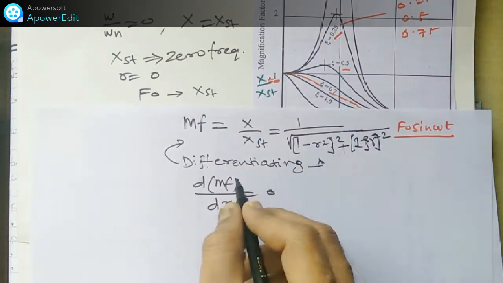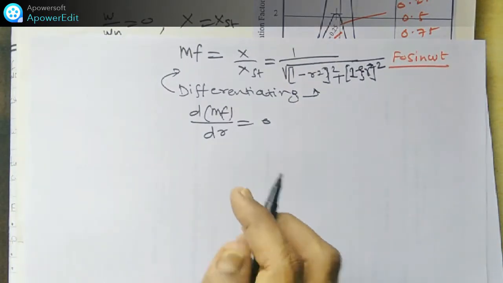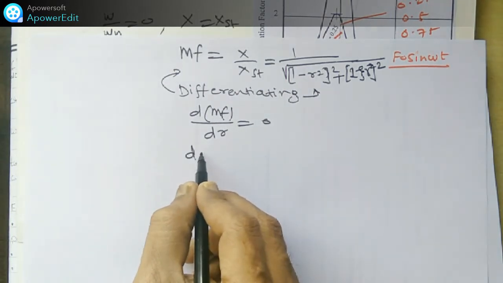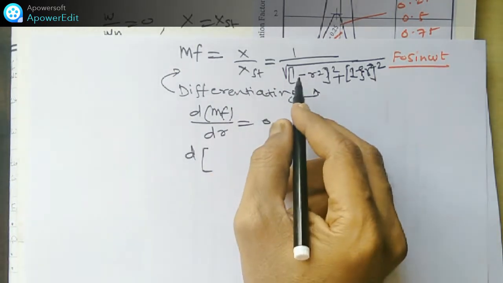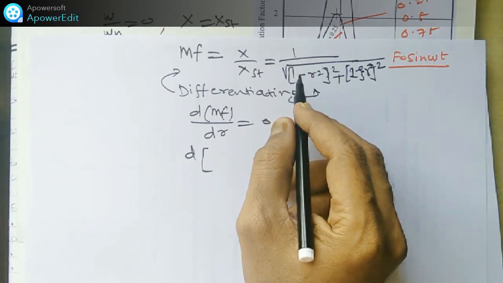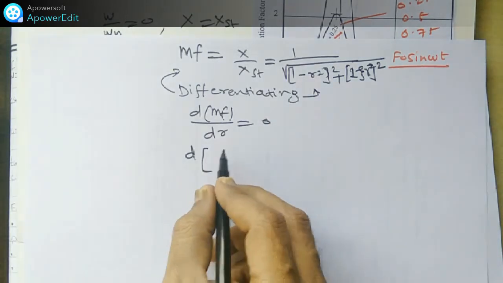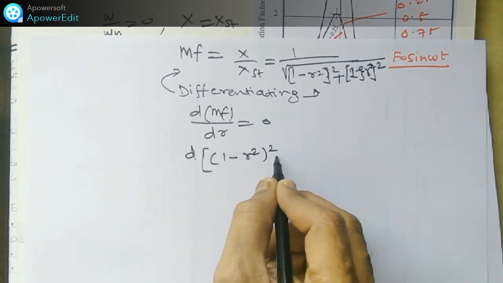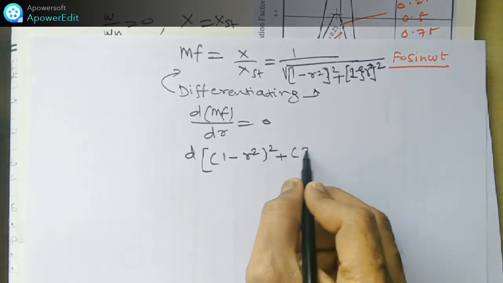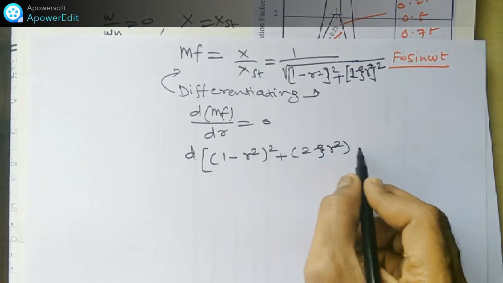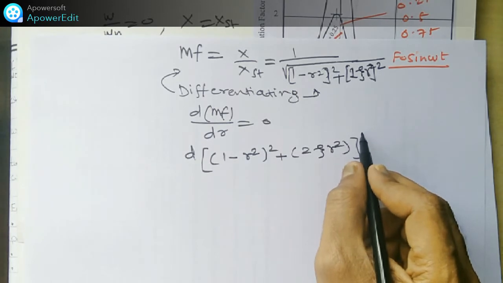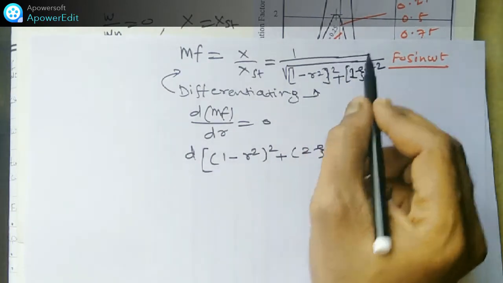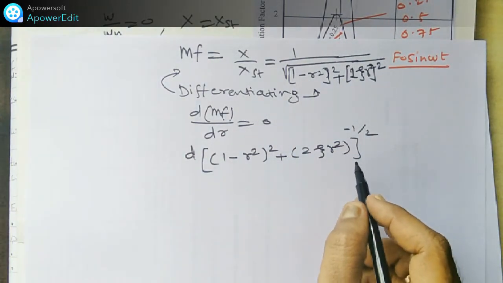Differentiating, I will write it like this: the bracket (1 minus r square) squared plus (2 zeta r) squared, raised to minus 1 by 2, taken on the top side. So minus 1 by 2 times the derivative is equal to 0.